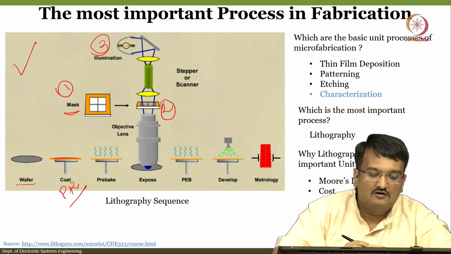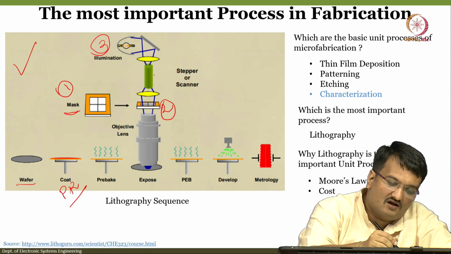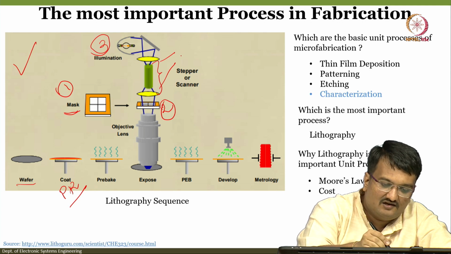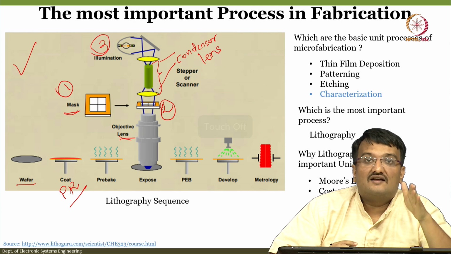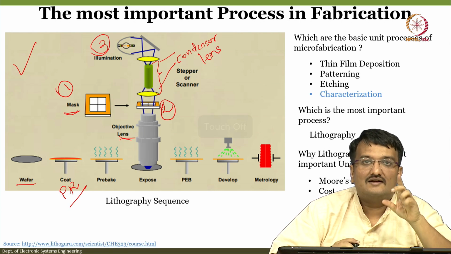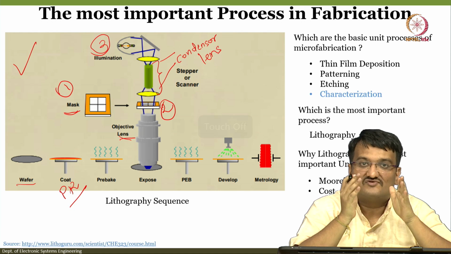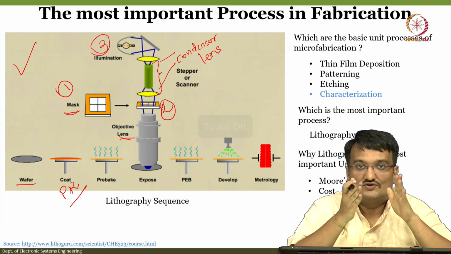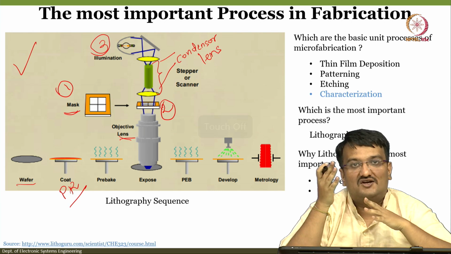Once you illuminate, this is your lens, and this and this together, there will be multiple lenses. They will be called the condenser lens. When I say condenser lens or objective lens, it is not one lens. There is a group of lenses strategically placed at a certain distance so that you will get the desired image.